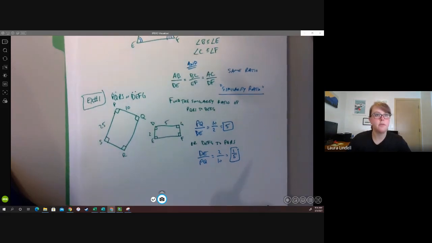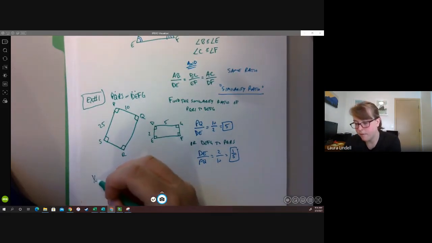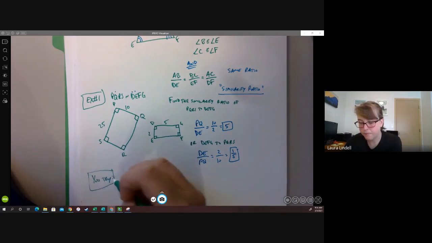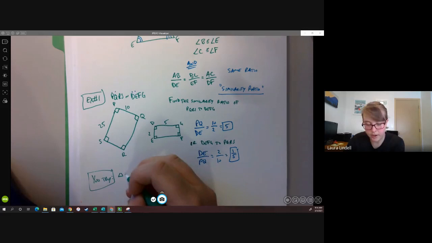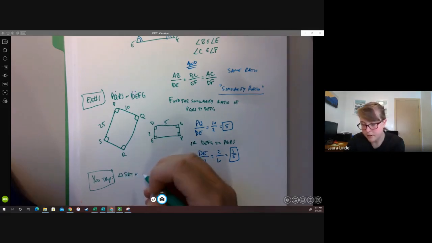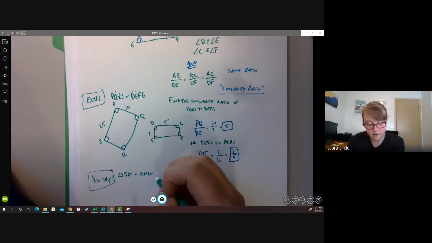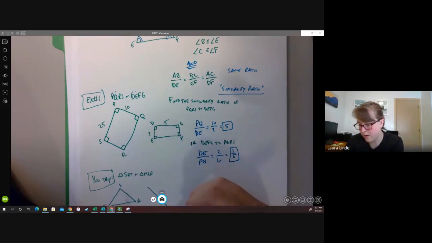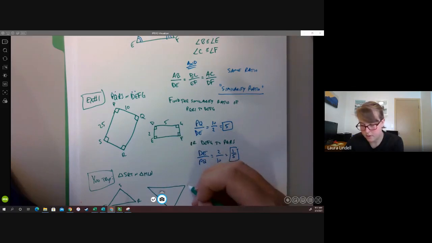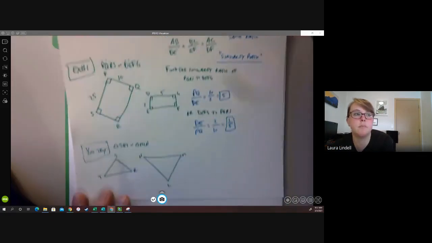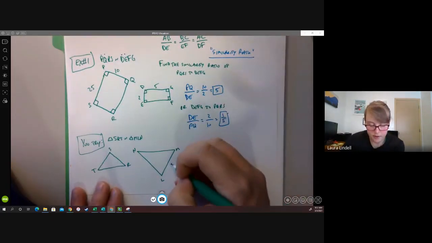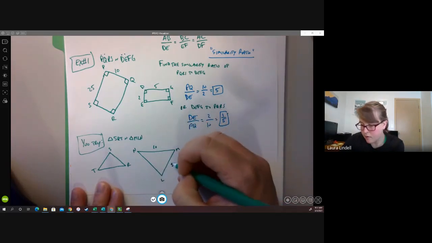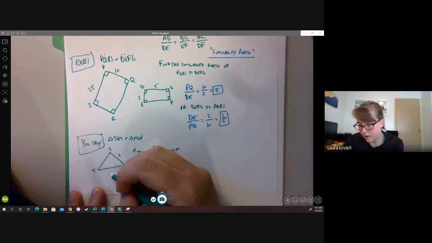Okay. So now that we've seen this one, I'm going to have you guys try one real quick. And then we'll talk about it. So we're starting off with triangle SRT is similar to triangle MLN. Oops, you guys can't quite see all of that. Move that up. This side will be 5. This one is 10. 2 and 4.